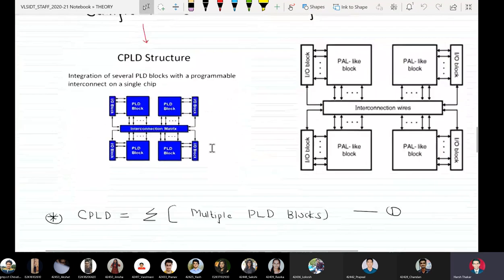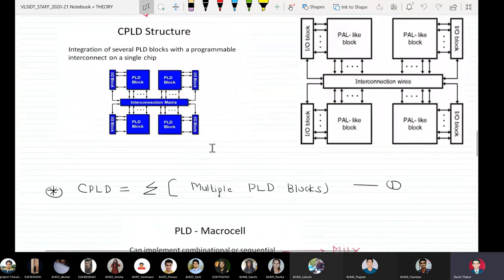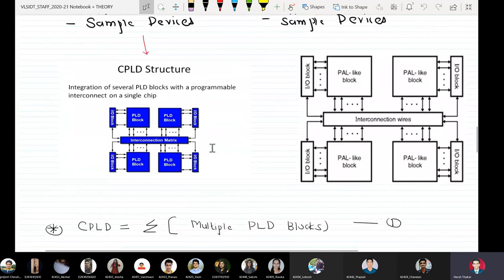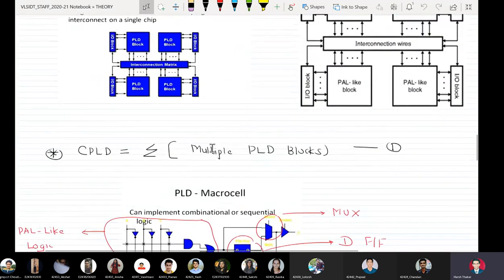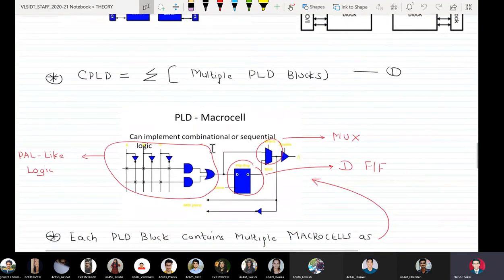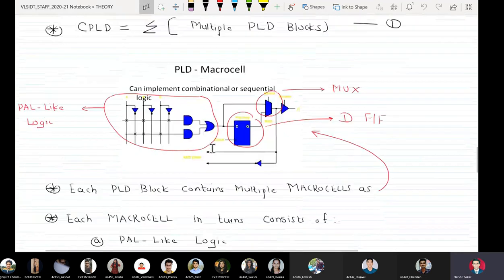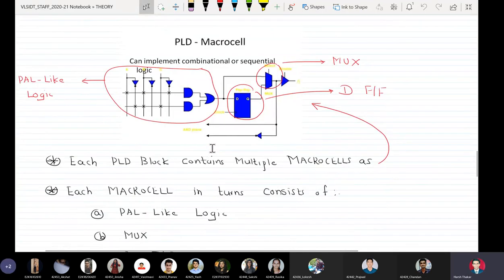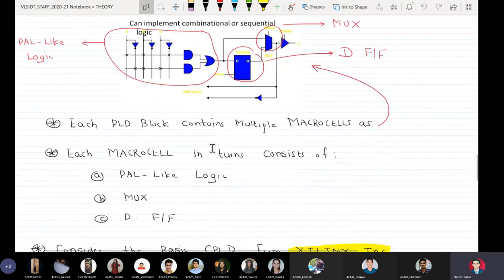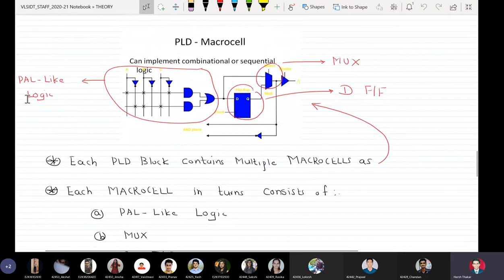And we said that CPLD is made up of multiple PLD blocks, and each PLD block contains multiple macro cells, and each macro cell contains three elements: PAL-like logic, multiplexer, and D flip-flop. Okay, so we have indicated this. This is PAL-like logic, there is a multiplexer, and there's a D flip-flop.